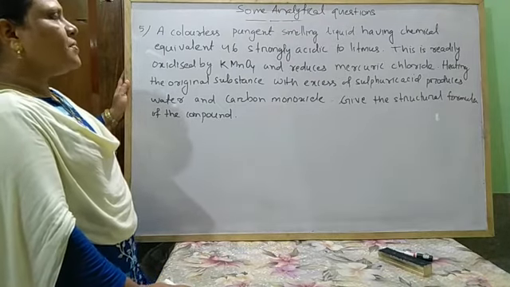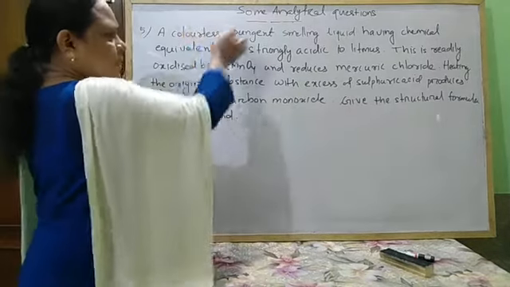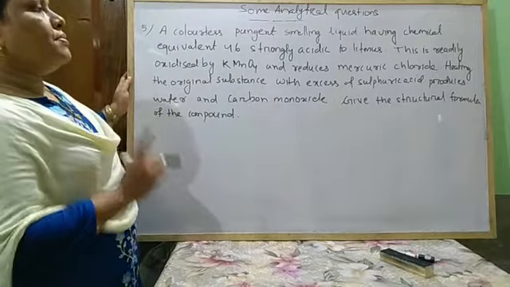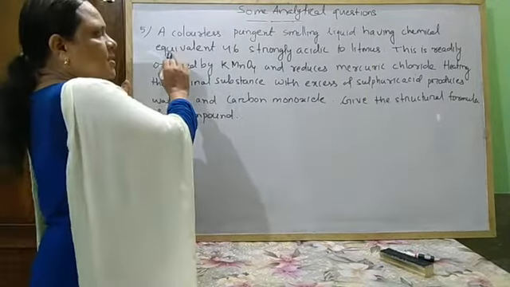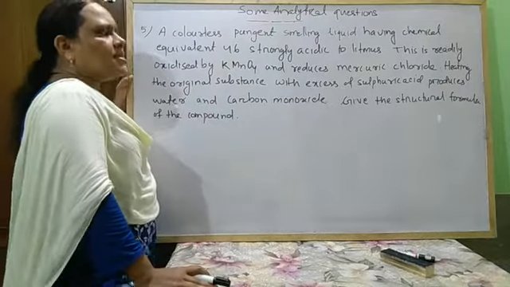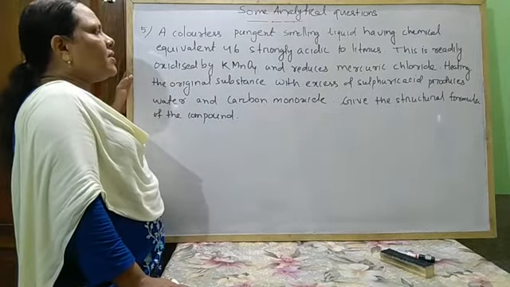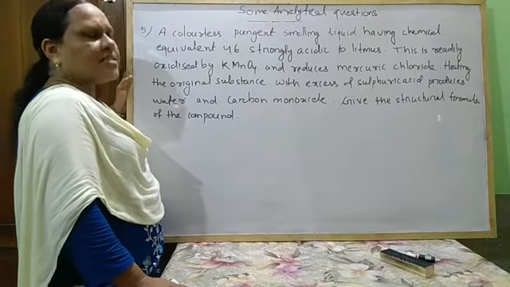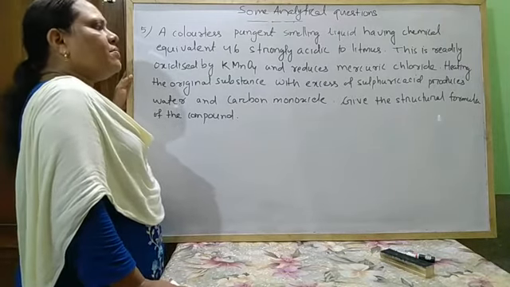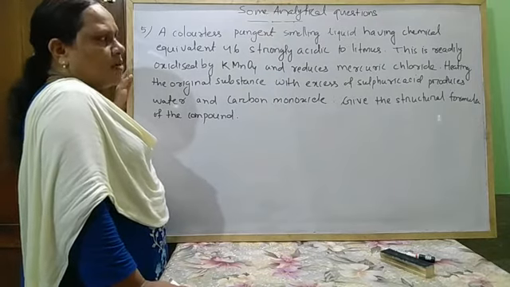That means it is one acid. First thing, keep in mind, this is one acid. As these are monocarboxylic acids, they have chemical equivalent 46, that means the molecular mass may also be 46 gram.